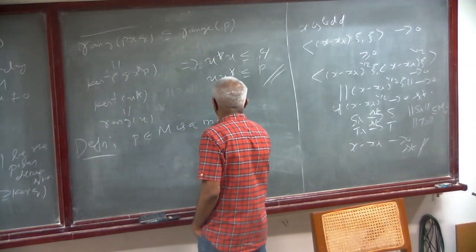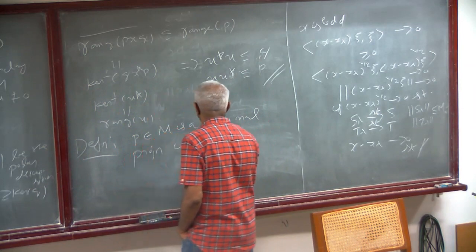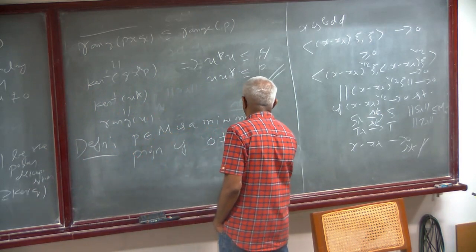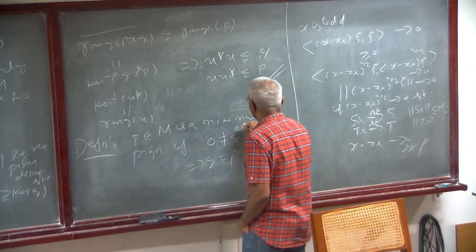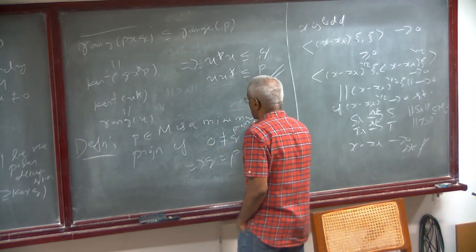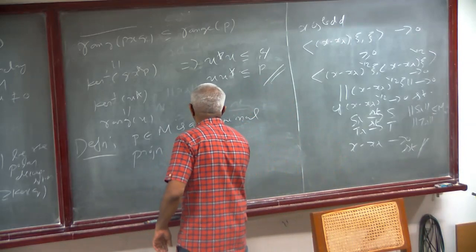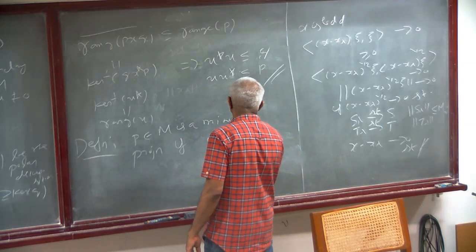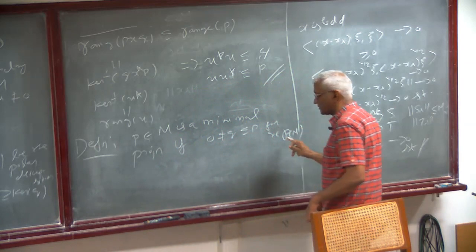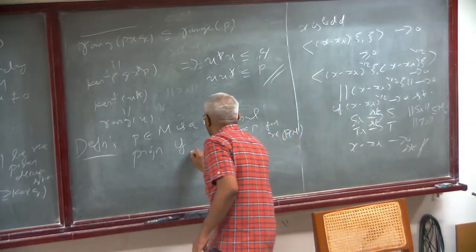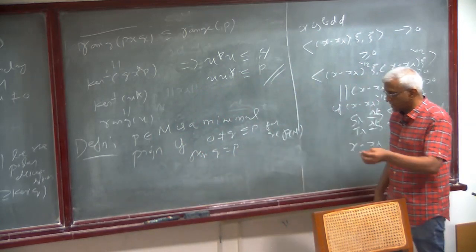The minimal projection, if this is also a projection, 0 not equal to Q, less than or equal to P for some projection Q, by this I mean projections in M, then Q equal to P. There is no non-trivial projection contained in P.